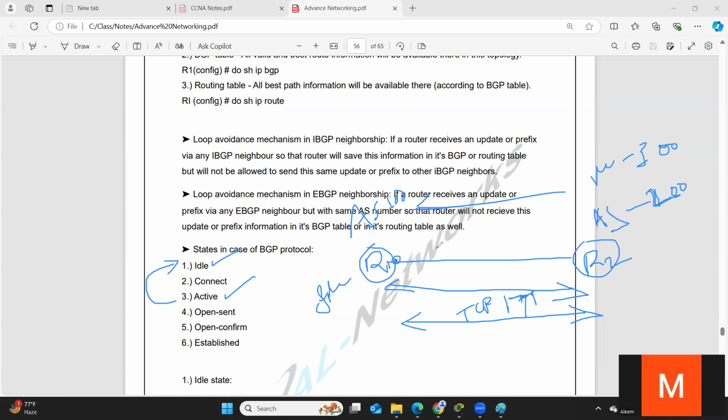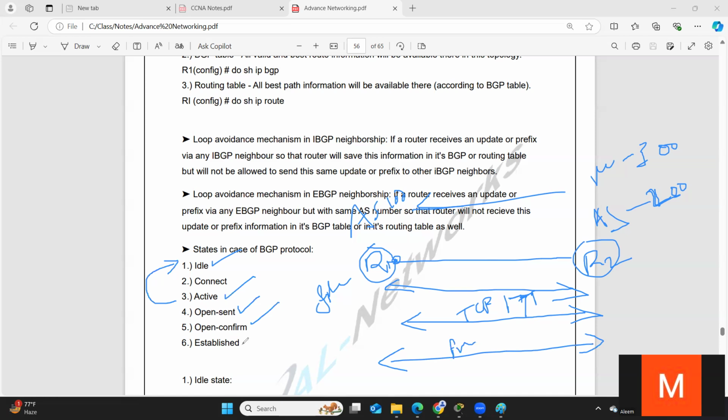If the TCP connection is proper, it will move to open sent. Then they will share each other's prefixes, the LAN prefixes, in open sent and open confirm, and confirm to each other.